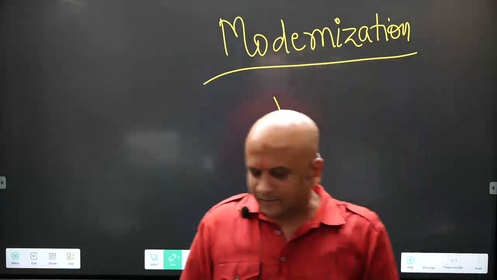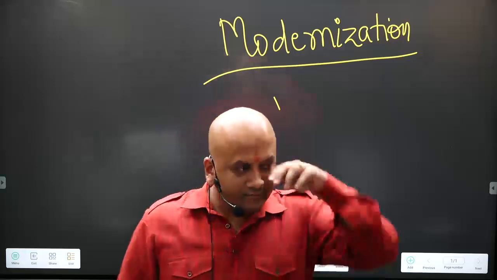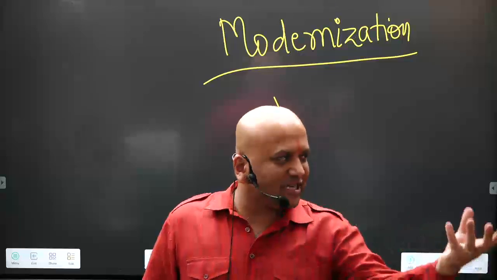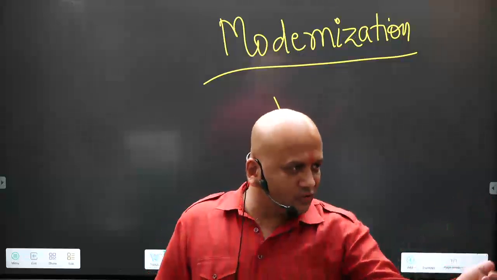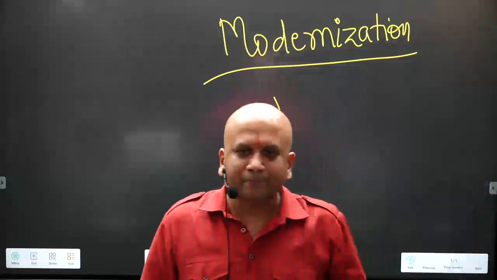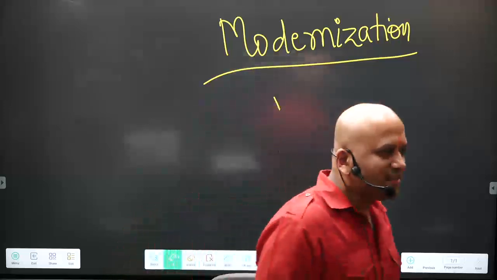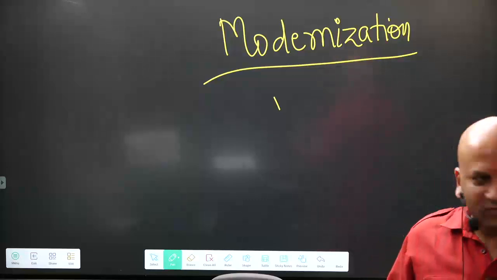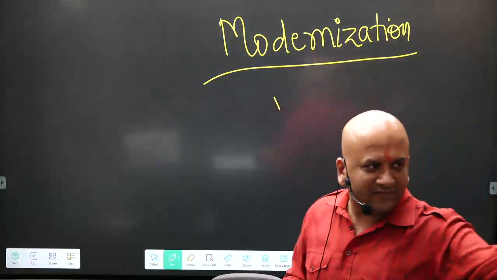Good. So one is a change in values, adopting values like modernity, equality, liberty, fraternity. And tell me, what else? Modernization is a whole package, one aspect of which is change in values.